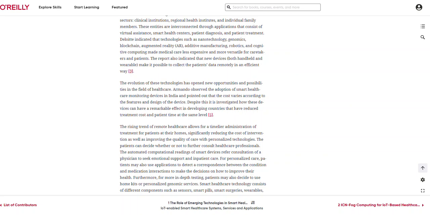Reliability is another key issue. If an IoT device fails, say a heart monitor malfunctions or stops transmitting data, it can have life-threatening consequences. Devices need to be robust, fault-tolerant, and rigorously tested for performance. There are also regulatory and compliance issues.